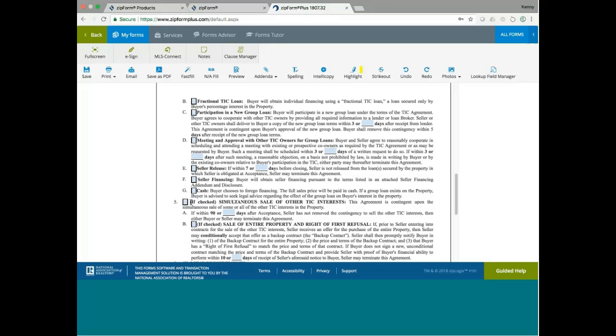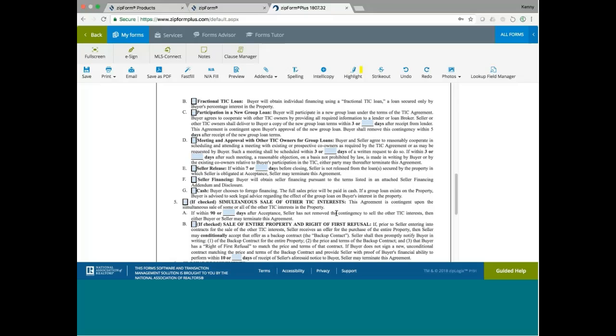If within 90 days after acceptance, seller has not removed the contingency to sell the other TIC interests. Okay, so sometimes the seller may have to sell simultaneously another TIC interest.